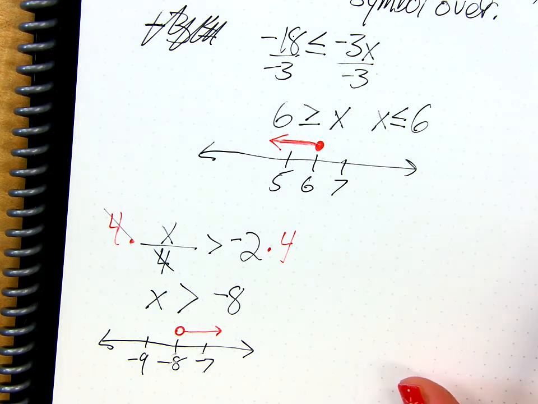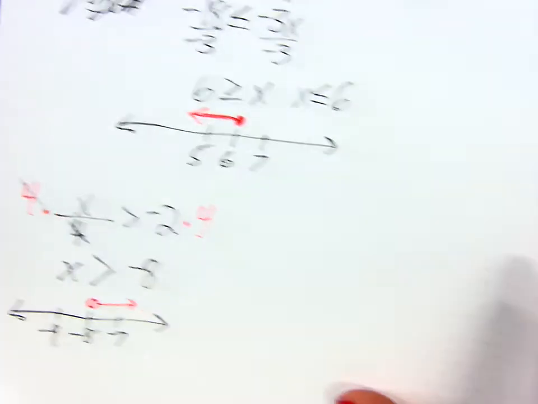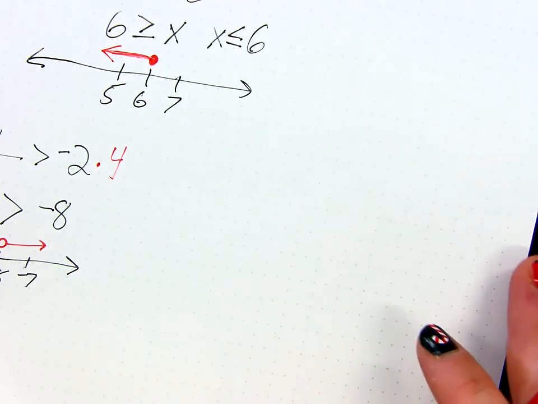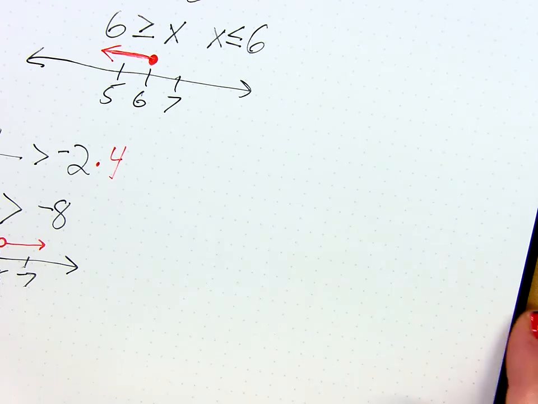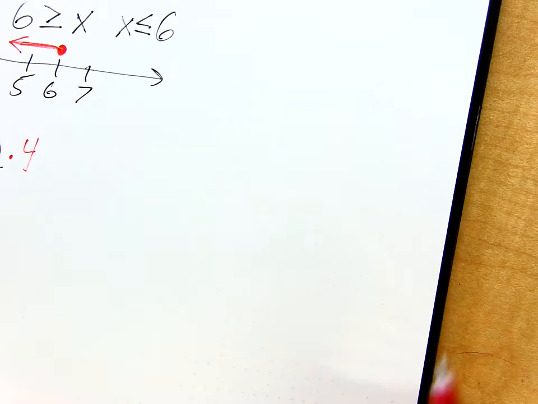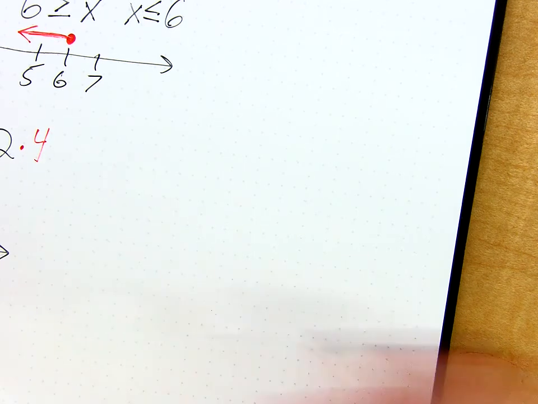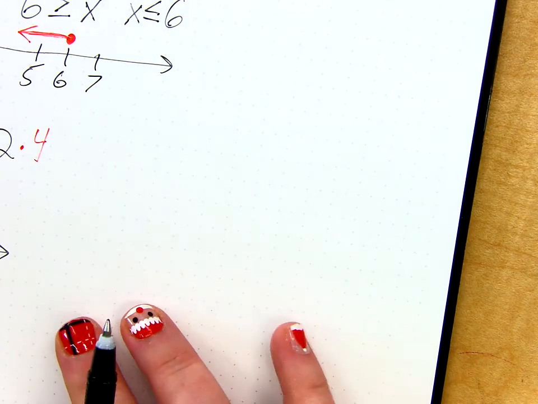Let's make things a little bit more interesting, shall we? Thought you'd never ask. Okay. How about what if we try a little word problem? Let's try that. A word problem with inequalities? What?